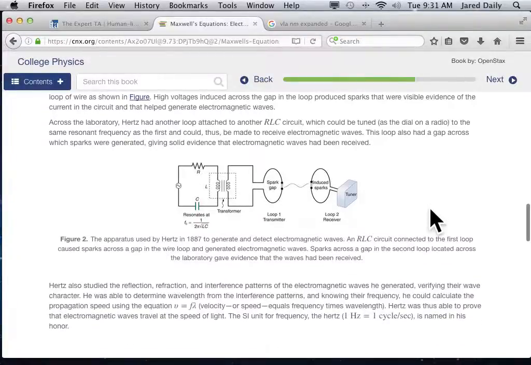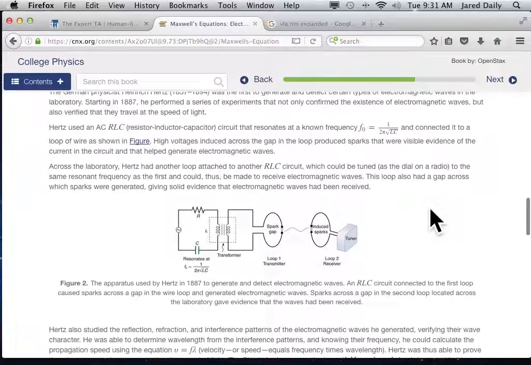Another scientist who was able to add some light to this discussion, no pun intended, was a guy named Hertz, who we of course know, Heinrich Hertz. His name is used to describe frequency.